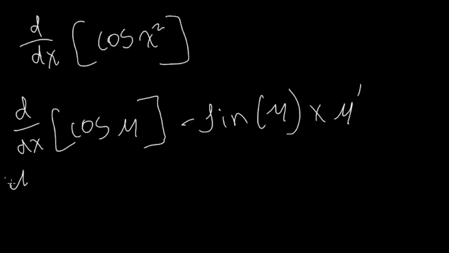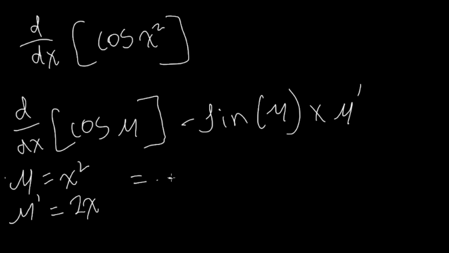And in this case, u is equivalent to x squared, and u prime is equivalent to 2x, because we brought the 2 to the other side, and u prime is basically the derivative of x squared.